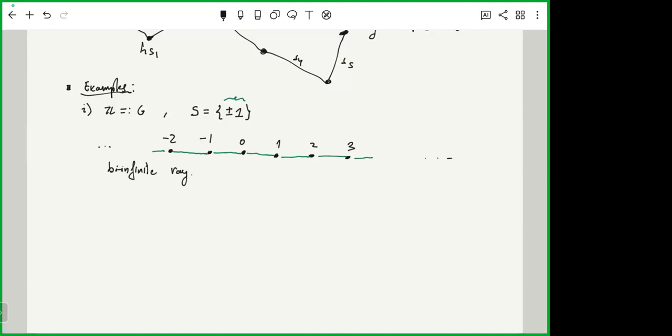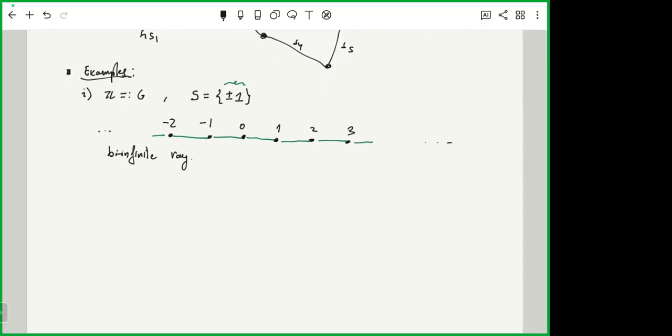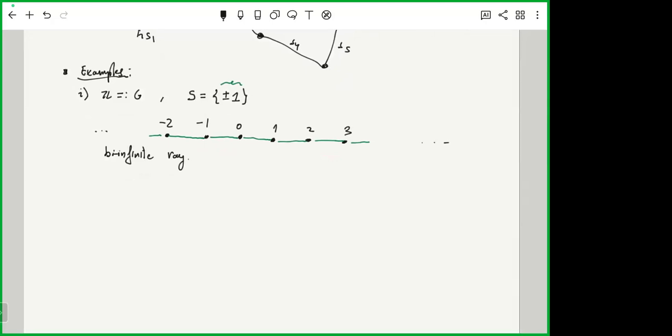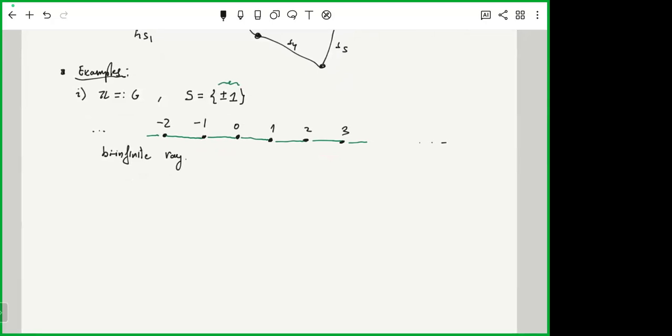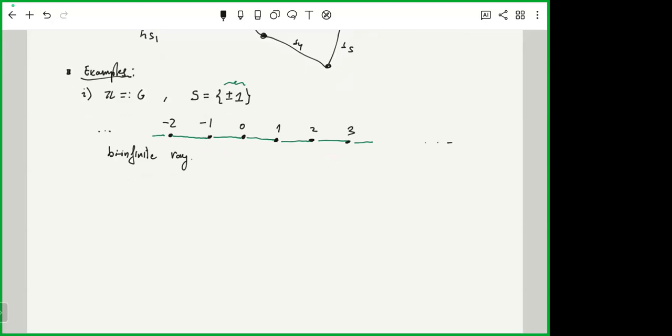Okay, so far, if there is any question, please feel free to interrupt me. So now from a group, I have some metric space. This metric space turns out to be a subspace of the real line.